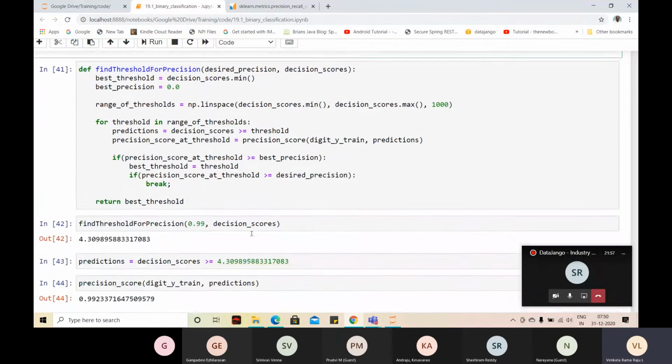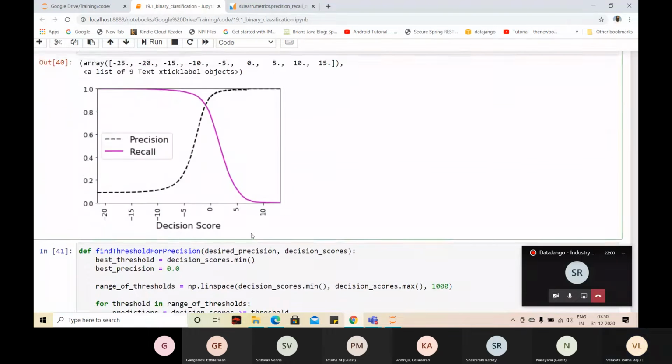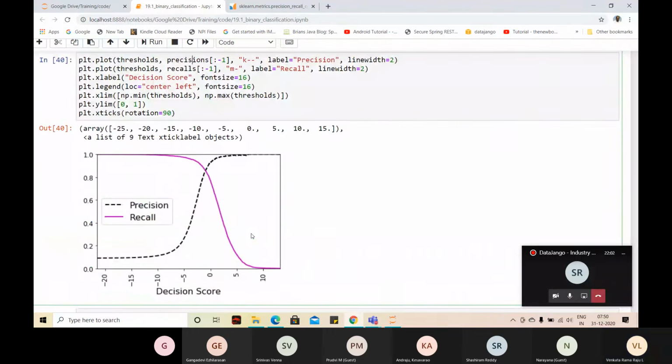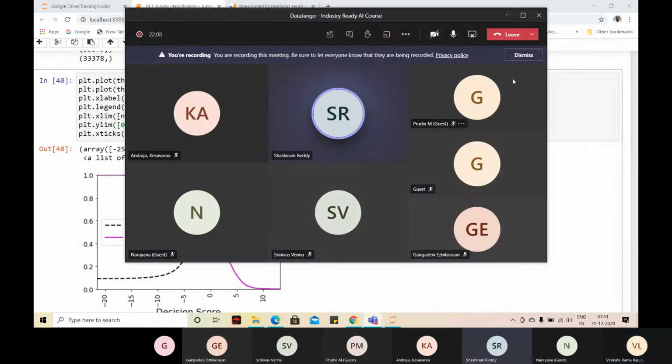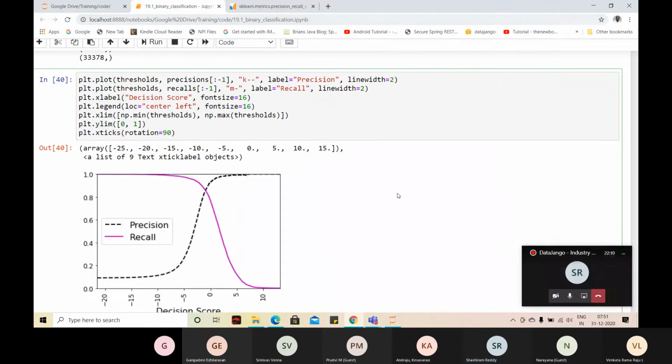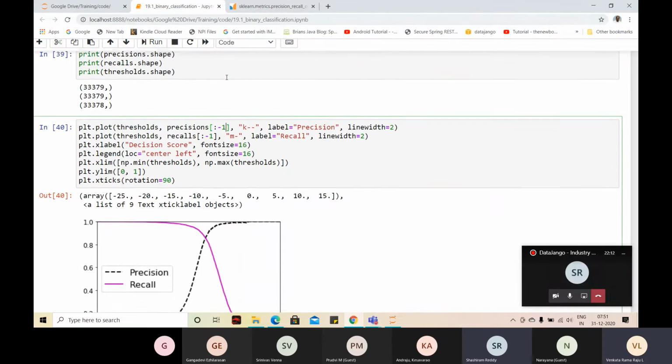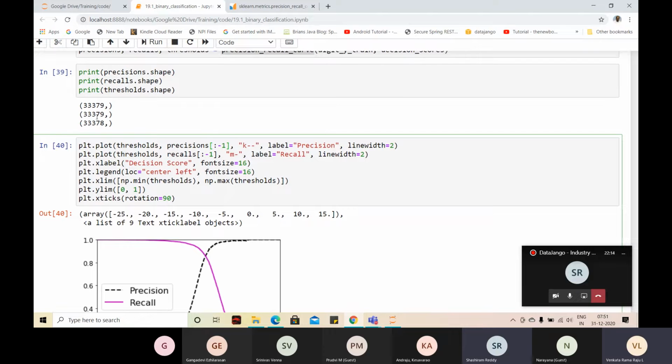Got it? Yes, sir, but thresholds in the plot is actually one item more. Yeah, that's why we cut it by one more. Precision and recall are both one number more, so we are cutting one off.